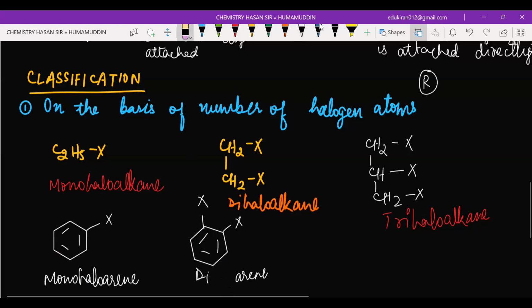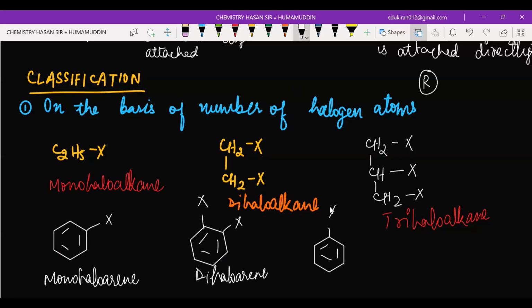And if you have three halo group, you can see there is three halo group X here, and X here, so it is trihaloarene, and so on. If you have four, it will be tetra, and so on. Are you getting my point?